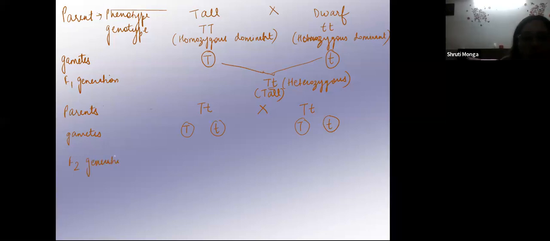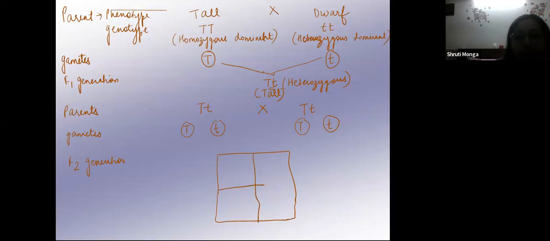For this, we will be making a Punnett square, a graphical representation basically to calculate the probability. This is how you will make a Punnett square.